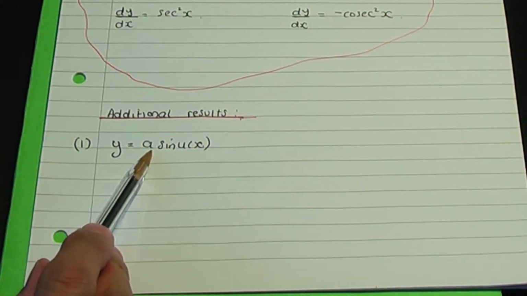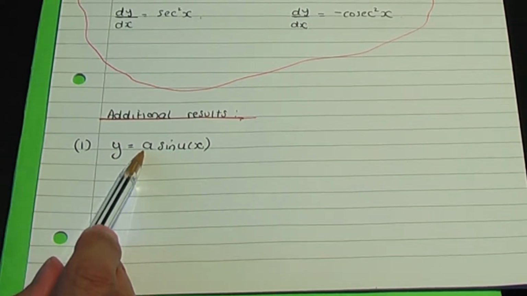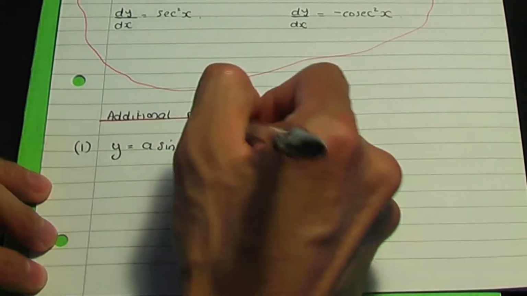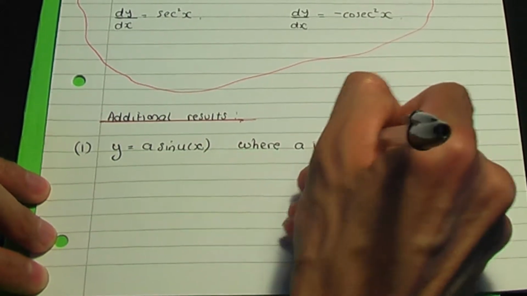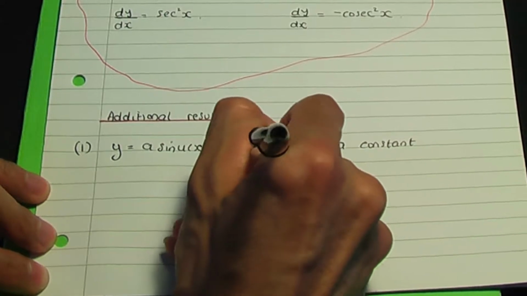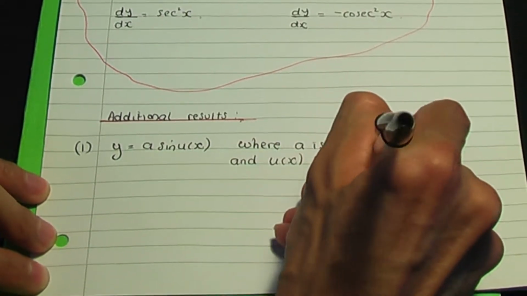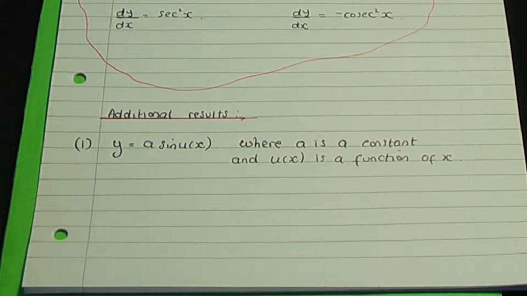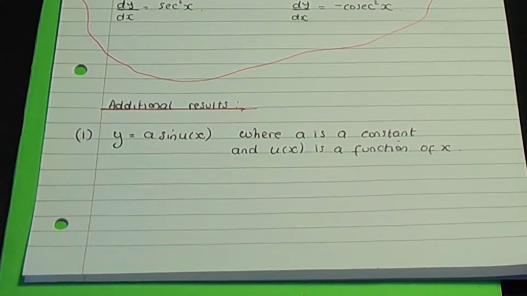A is a constant, so the term in front of the function sine is a constant. ux is a function of x. And in order to calculate its derivative we need to use a chain rule.